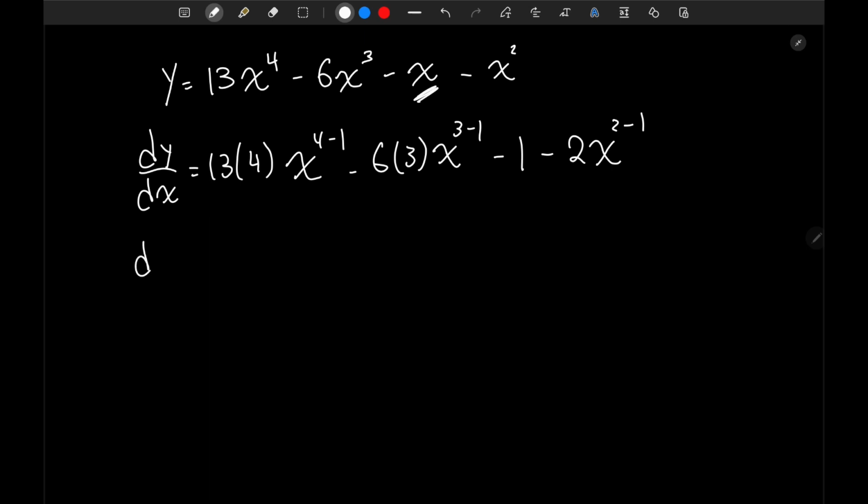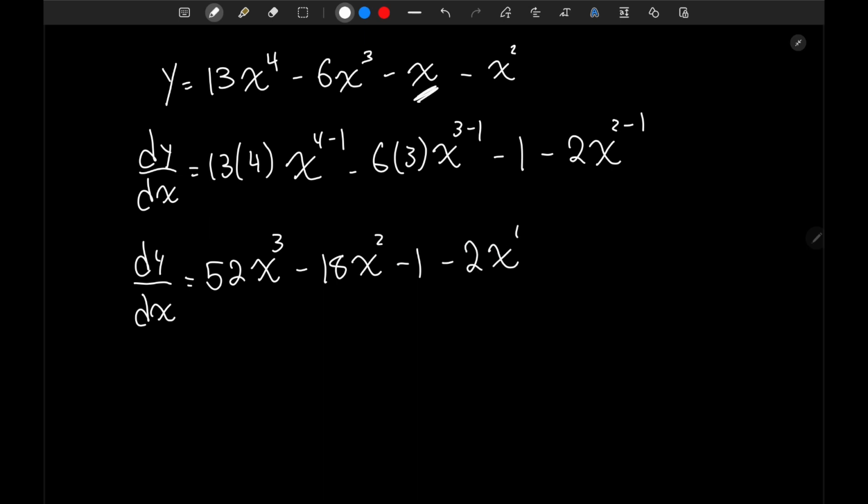Simplifying this up, we have dy over dx is equal to 52 x cubed minus 18 x squared minus 1 minus 2 x to the 1.